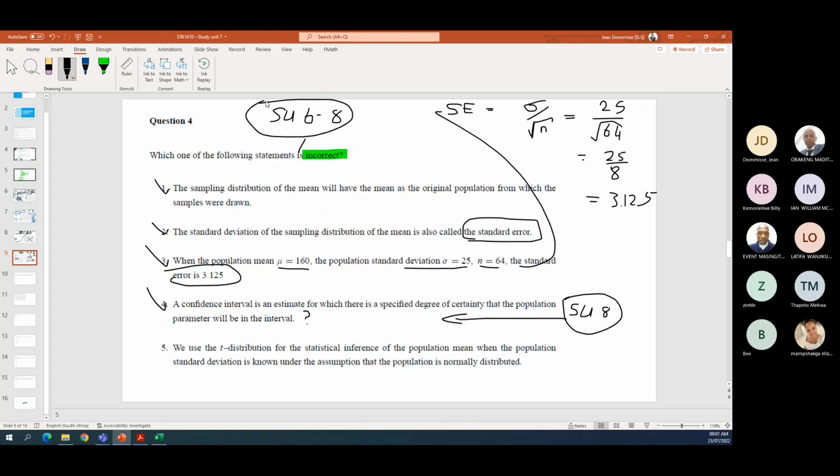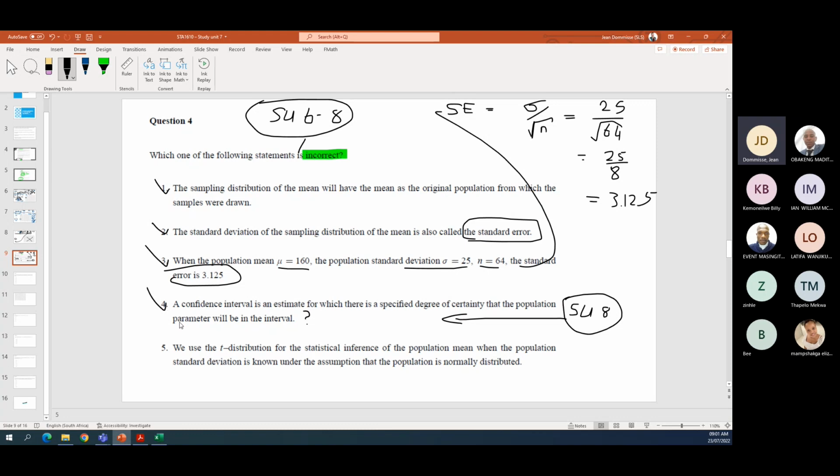So in your assignments, a question like this will not happen, because there they will purely focus on the study units that you need to do. But in the exam, a question like this is possible because there they can include a question that spans over 2 or 3 study units.